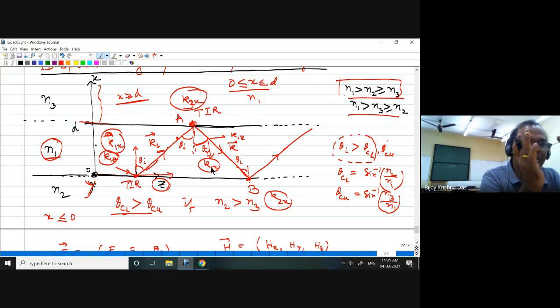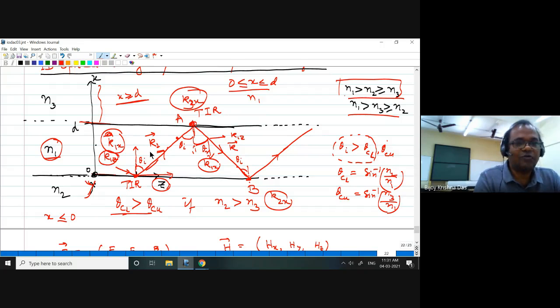If I consider only the z direction, you have only a positive z component. But as far as the x direction inside the waveguide is concerned, I have two counter-propagating components: k1x in the positive x direction and minus k1x in the negative direction.